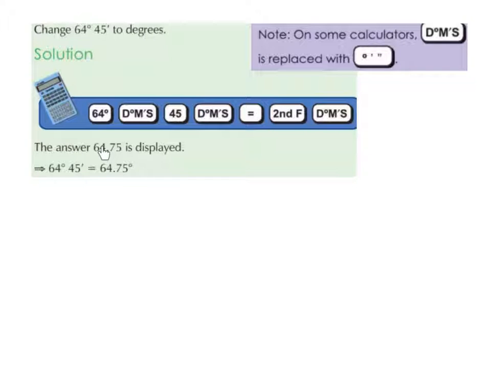And the answer 64.75 is displayed. So 64 degrees and 45 minutes is 64.75. That makes sense because 45 minutes is 3/4 of an hour, and 0.75 is the same as 3/4.